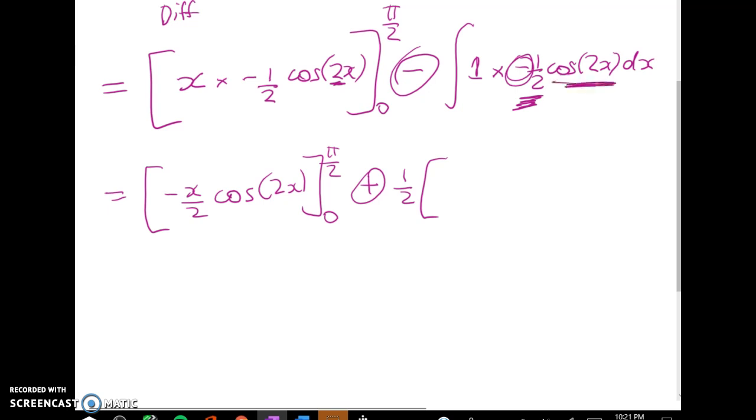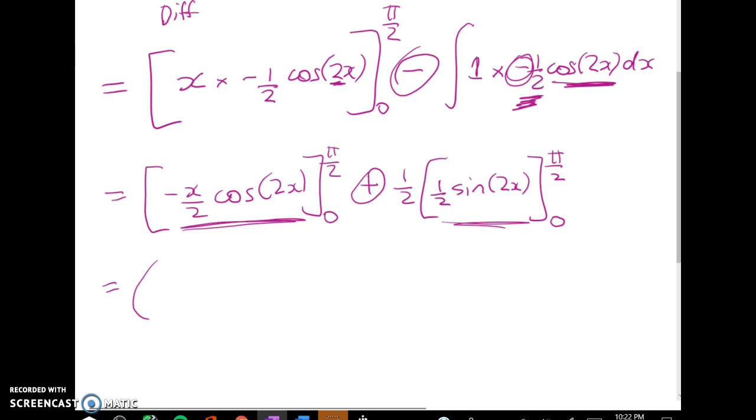Now I've got to integrate cos of 2x. So that's going to be sine of 2x times 1/2. And that's being evaluated there. Now, some people like to put these together in one big integral. I think it's fine to leave it how it is, especially when it's quite a simple one. So we'll do them as two things.